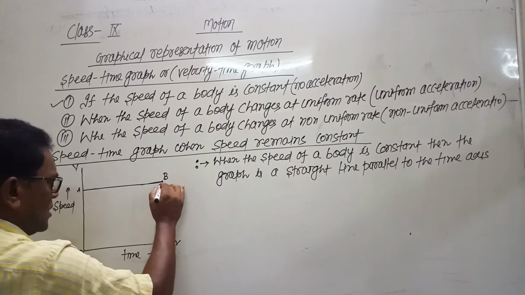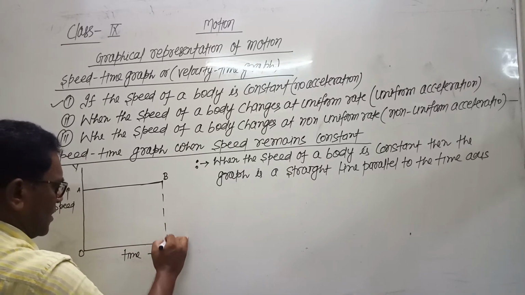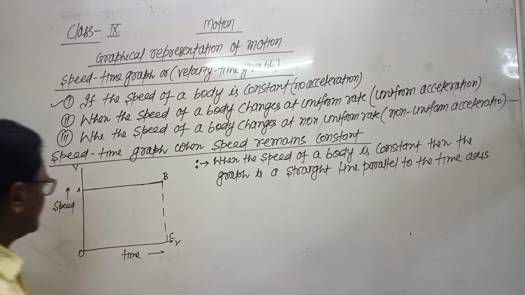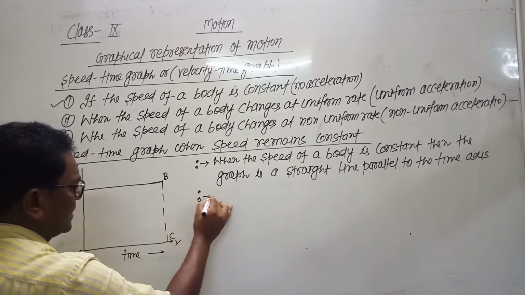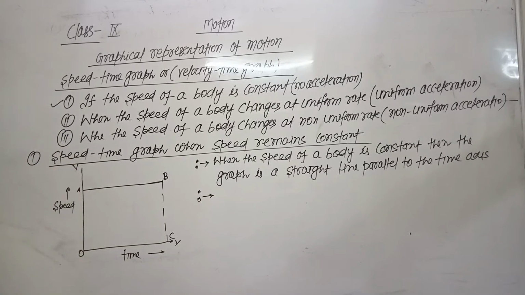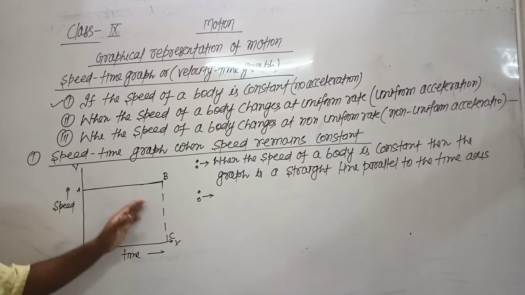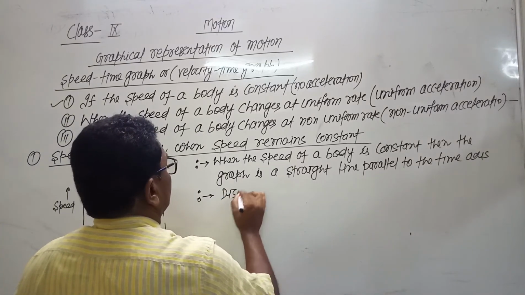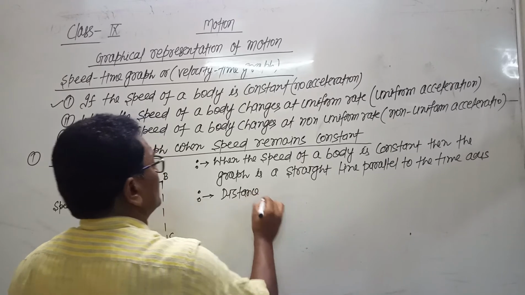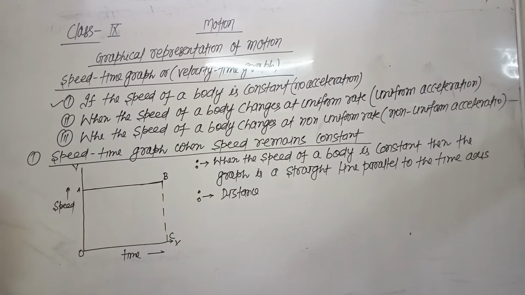And draw a perpendicular from B and name it C. Second conclusion, distance covered in a speed time graph.